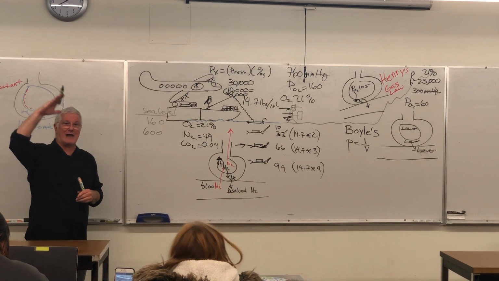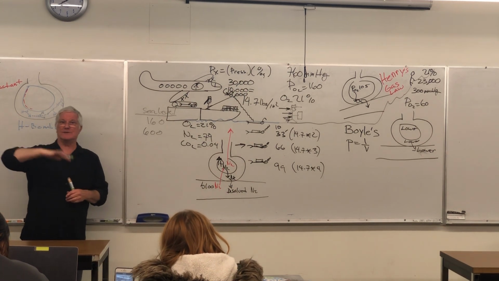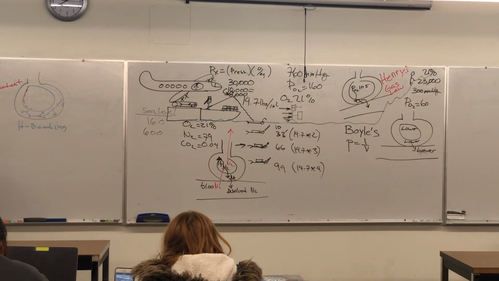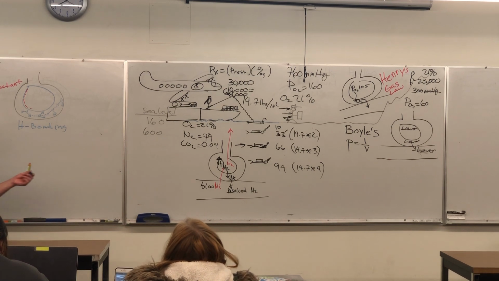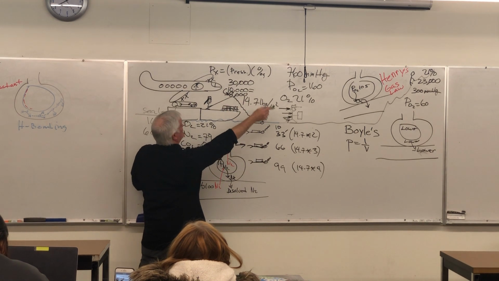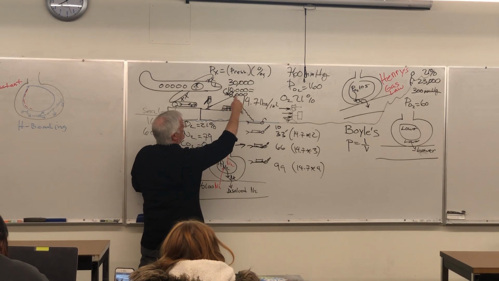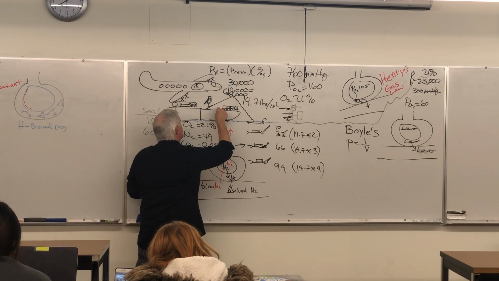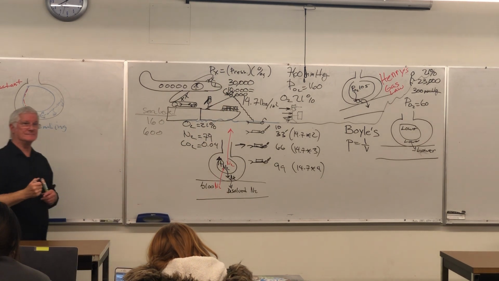If you lower the altitude, you increase the pressure. If you increase the pressure, you increase the partial pressure. This is why you feel better if you fly certain airline companies compared to others. Some companies have it at 7,000, some have it at 8,000, some haven't even made the adjustments yet. Remember, the higher you go, the lower the PO2. The lower you go, the higher the PO2.